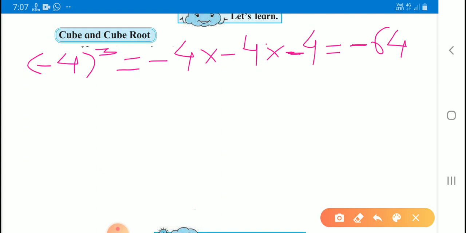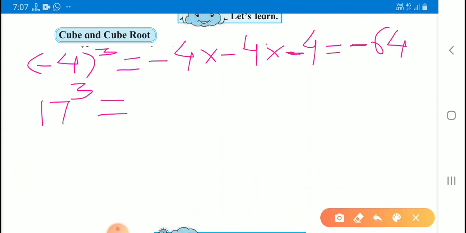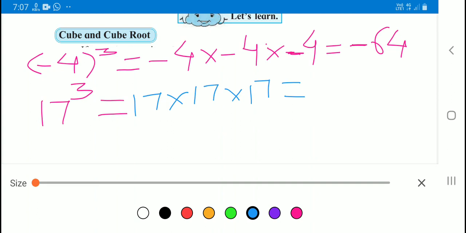One more example we'll see here, that is, we'll find the cube of 17. How many times we have to multiply 17? 17 into 17 into 17. Do you know the square of 17?